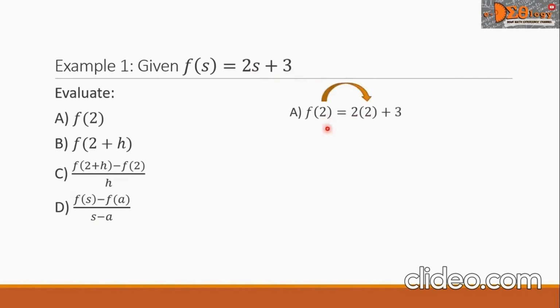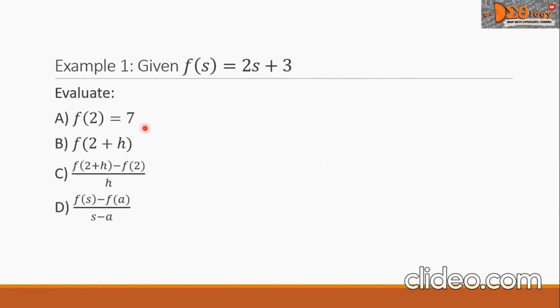So we have now 2s becomes 2 times 2 plus 3. And then from here, let us simplify further. 2 multiplied by 2 will be 4, plus 3, and 4 plus 3 equals 7. Therefore, f of 2 equals 7. So we will write the answer here.